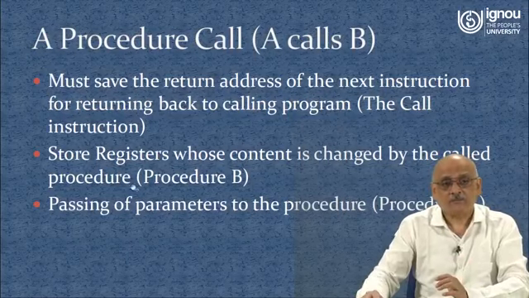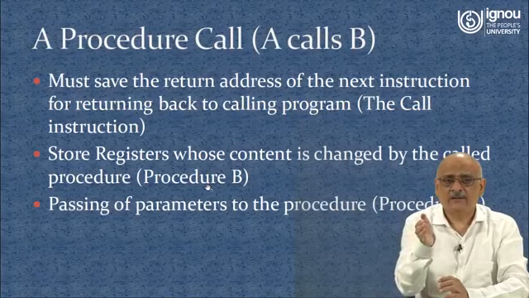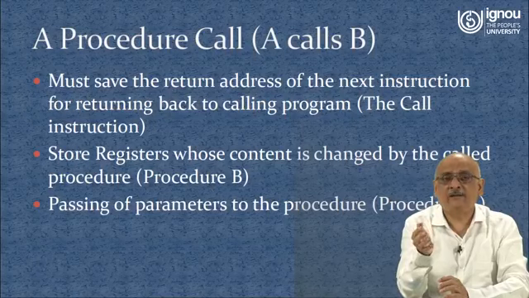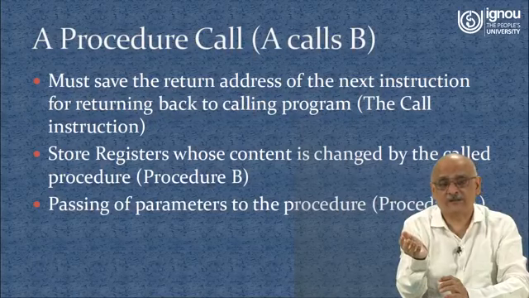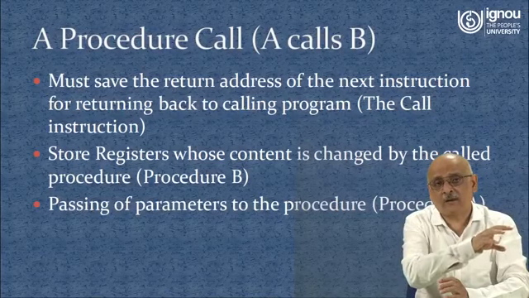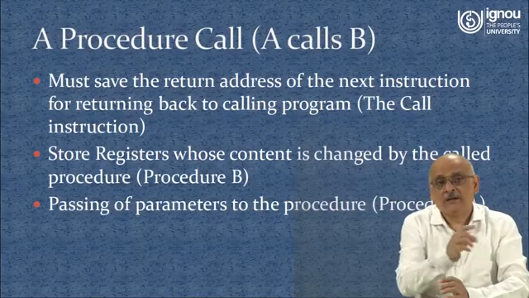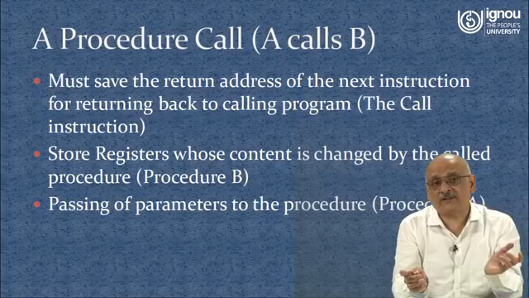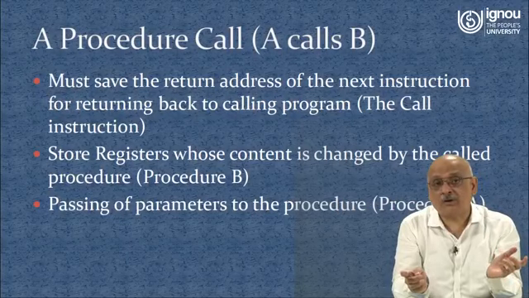So that way the forward movement and the return movement take place as far as procedure calls are concerned. Then we store registers whose content is changed by the called procedure, because this is what we call the side effect of a procedure call. If procedure A calls procedure B and procedure B changes some of the registers which were actually being operated by procedure A, then the value of those registers will get changed, and that should not happen.